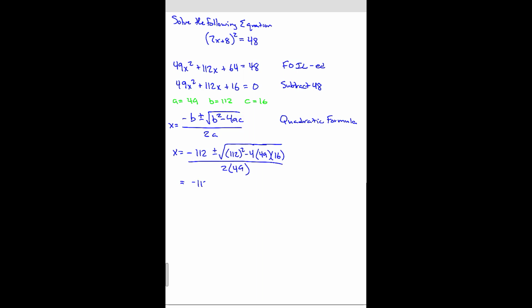Now, the stuff on the inside of the square root: 112 squared gets us 12,544, and then negative 4 times 49 times 16 is a minus 3,136, all over 2 times 49, 98. Always got to make sure.